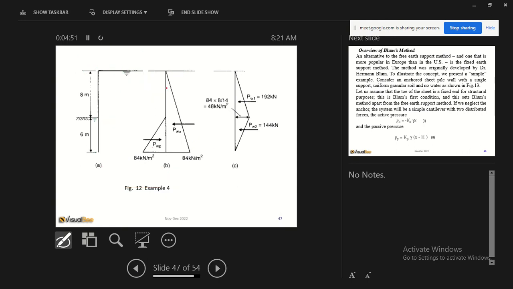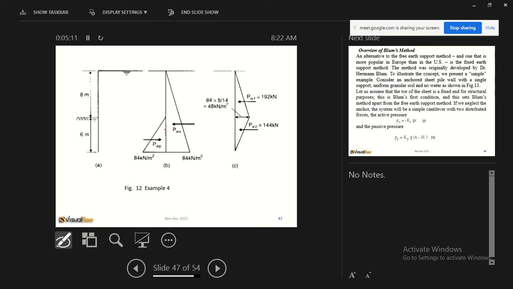So you can see there's a reason for this. Now it is assumed that these pressures cancel out each other. This is positive, I mean, this is going this way and this is going that way.